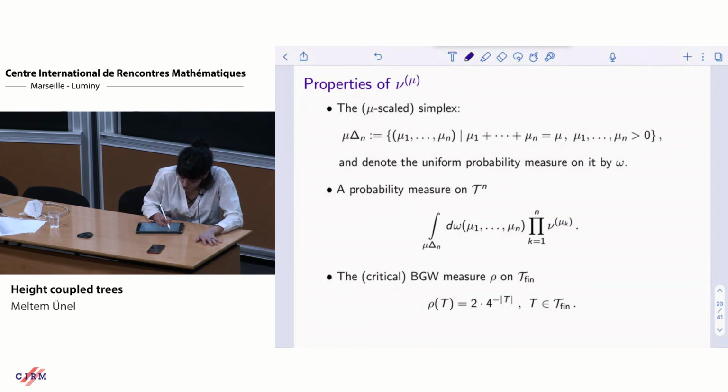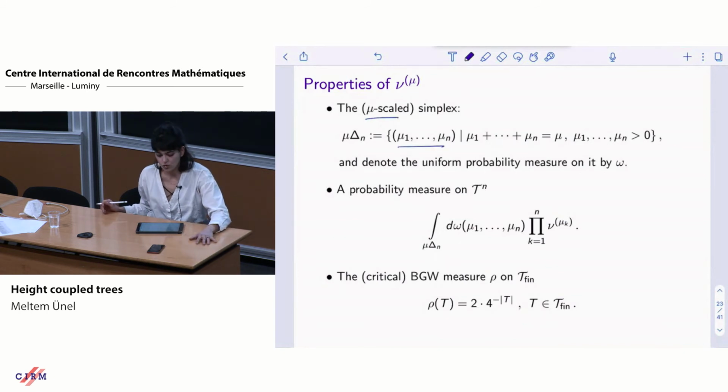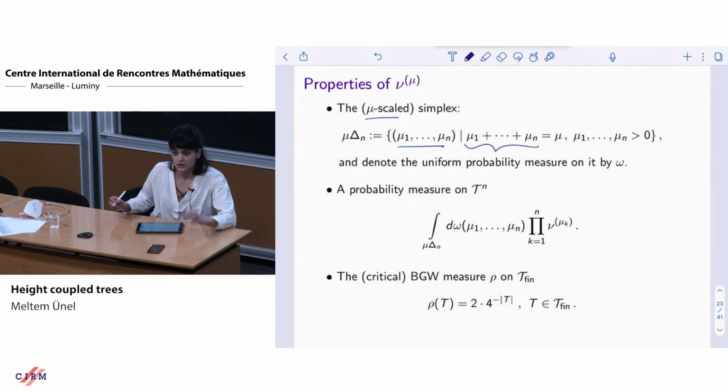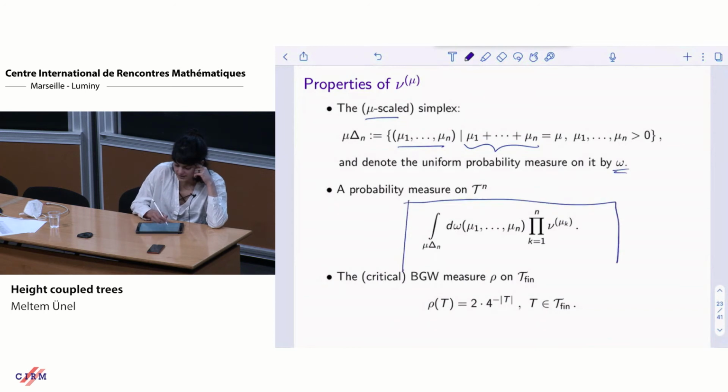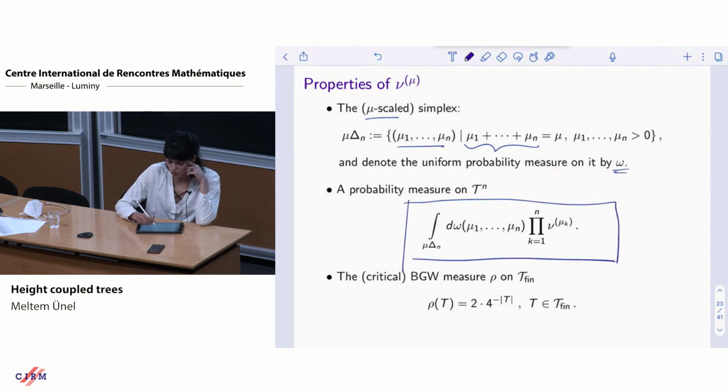I define the mu scaled simplex, by which I mean the sequence of mu_1 to mu_n of real numbers that are greater than 0, such that they add up to mu. And I denote the uniform probability measure on the simplex by omega. And I claim that these nu mu's are the probability measures that we showed to exist one slide ago.